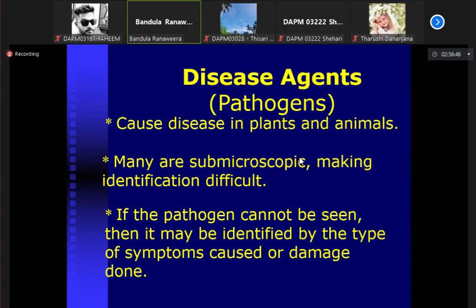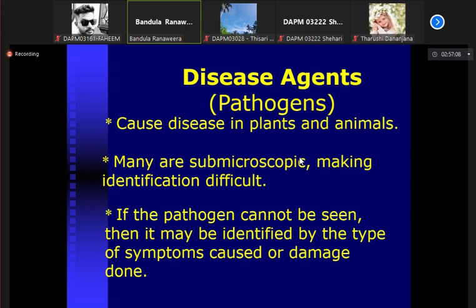So that is how we are identifying the plant diseases. In addition to what we have shown, maybe you can read more on the internet, in the books. There are many books on plant diseases, so please refer to them.